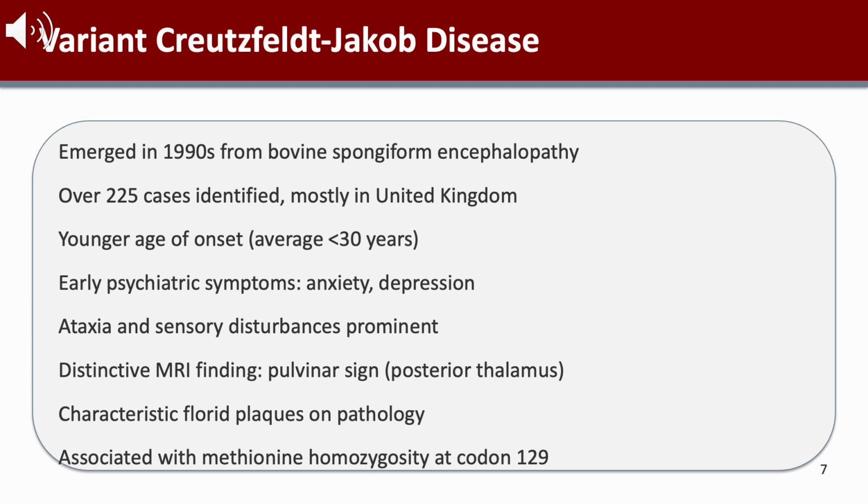The clinical presentation differs significantly, with prominent psychiatric symptoms early in the disease course, followed by ataxia and sensory disturbances. The MRI finding of increased signal in the posterior thalamus, known as the pulvinar sign, is highly characteristic. Pathologically, variant disease shows abundant florid plaques, which are PrP immunoreactive structures with a distinctive appearance.